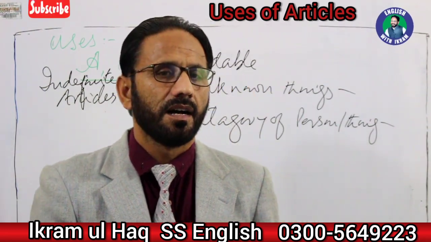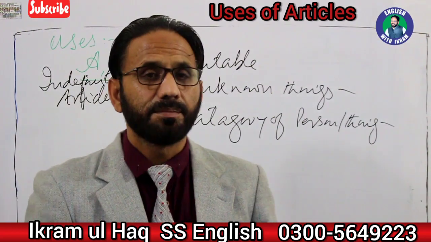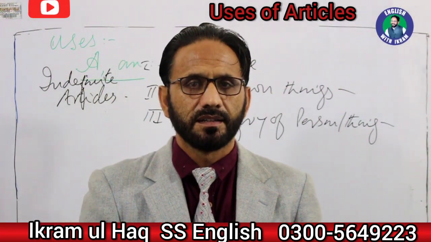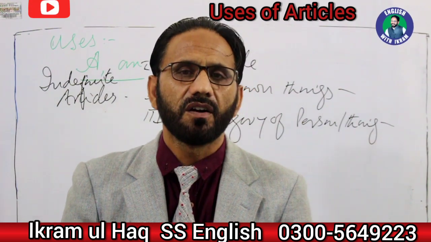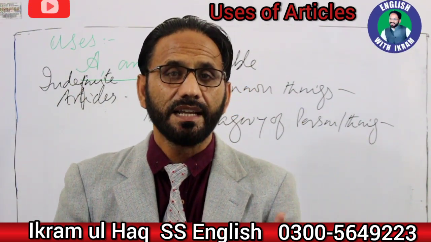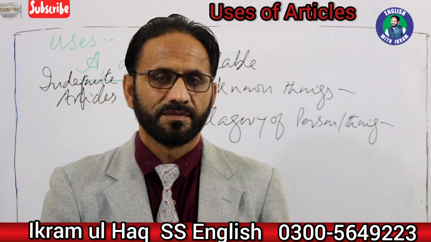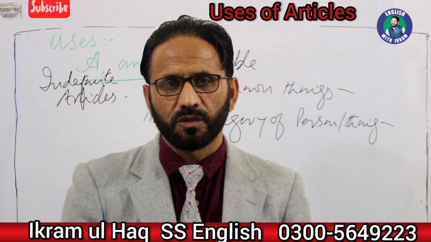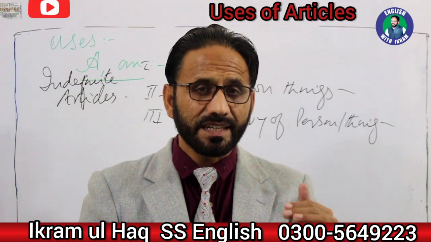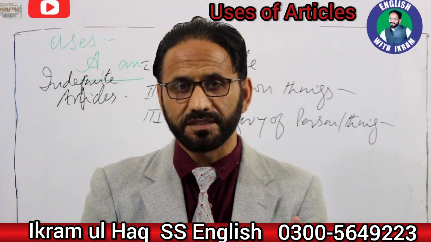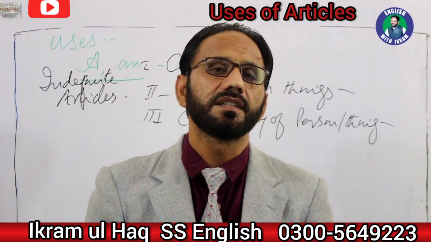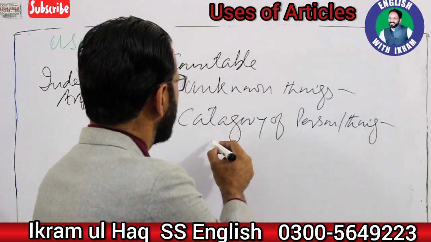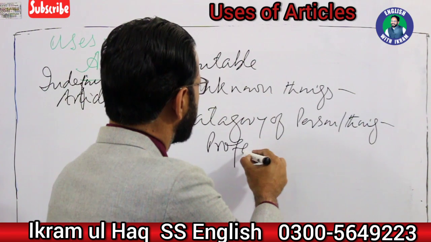For example, I talk about my car: my car is a 2010 Suzuki Alto. This is a specific category I am talking about. When you talk about a specific category of certain things or persons, then you use article a or an. Same is the case with, for example, professions.